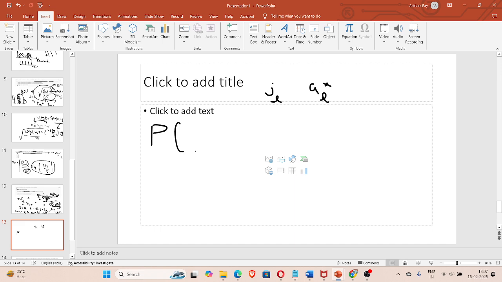So what I'm going to write is the reward function Q_L(J) greater than or equal to Q_L(A star).